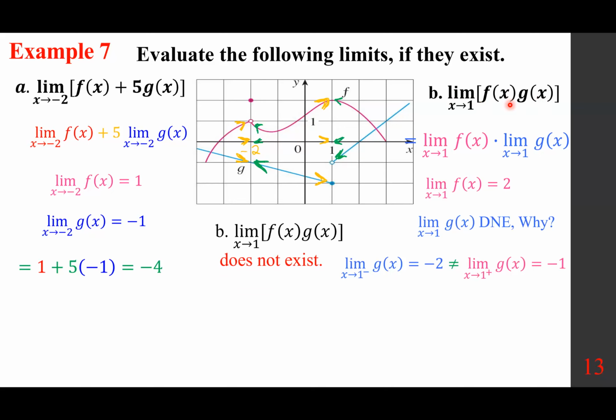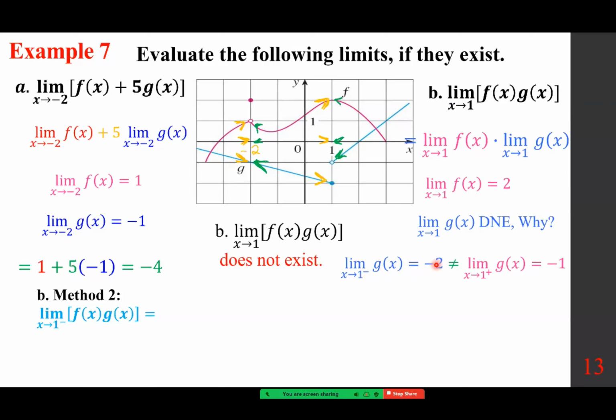The different approach would be looking at the one from the left and right. So let's take this limit as x approaches 1 from the left. This one, the left and right makes no difference. But this one, the left, is -2. So their product is 2 times -2, which is -4.